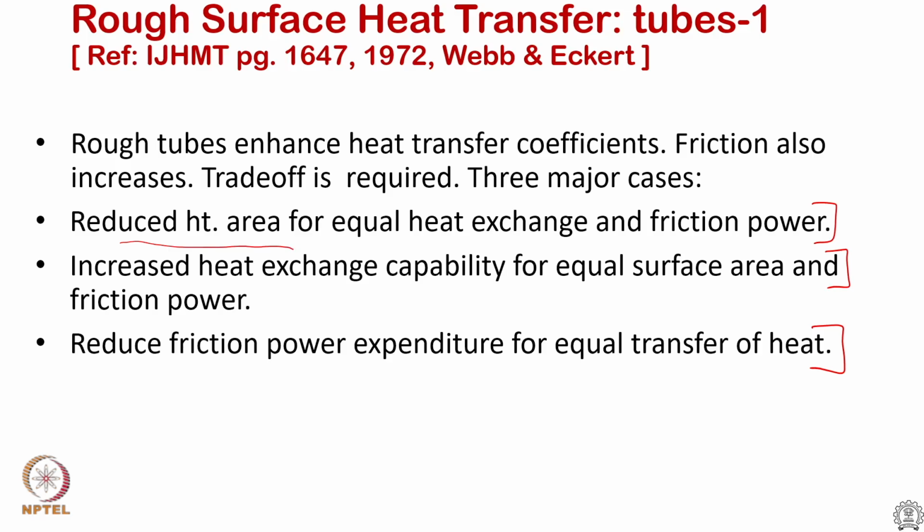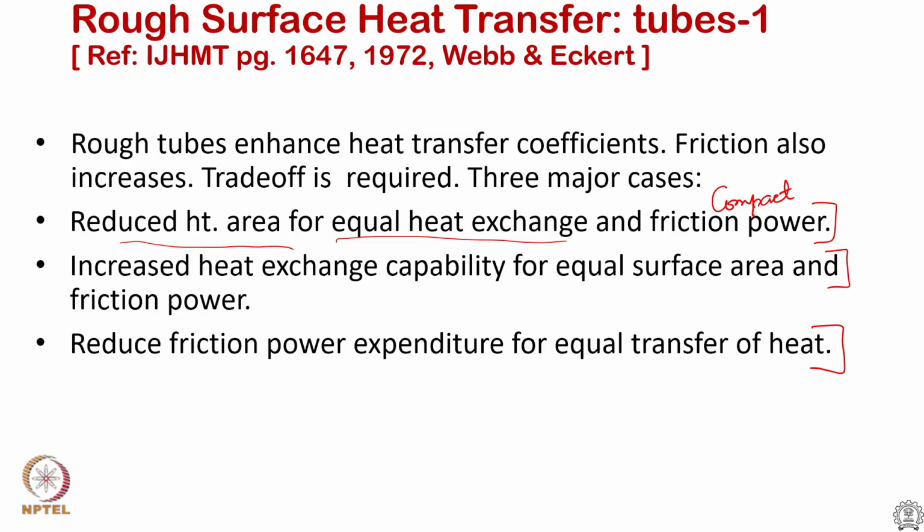If I add a certain extra area, can I decrease the length of my tube, for example, so that I have the same heat exchange as before and the same friction factor as before, or frictional power loss, or fan power or liquid pump power, because this is talking about compactness. Can I compact my existing heat exchanger if I were to add some extra surface area?